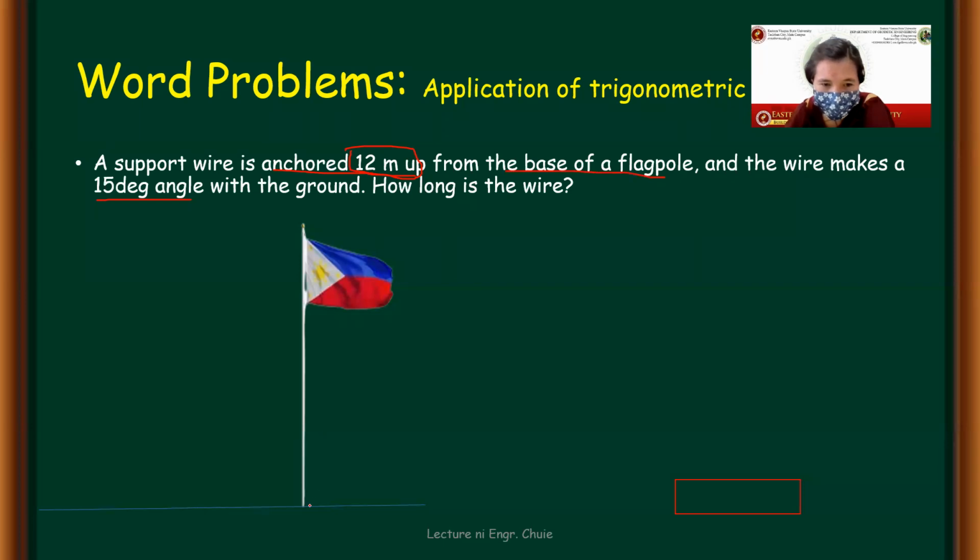So from the base of the flagpole, let's say this is the base, from here, 12 meters. That is now the location where the wire is tied. So that is the location, that is 12 meters, that is the length.